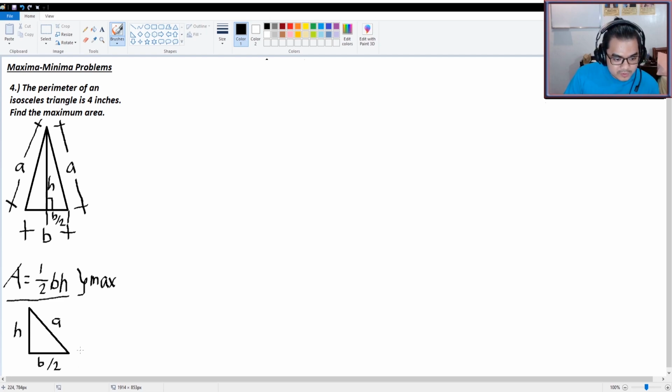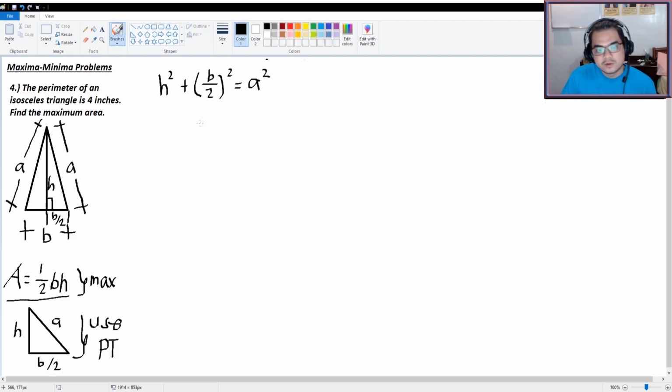Now, using this triangle, of course, we can use PT or the Pythagorean Theorem. Using the Pythagorean Theorem, we'll have here H squared plus B over 2 squared, all equal to A squared. Okay?